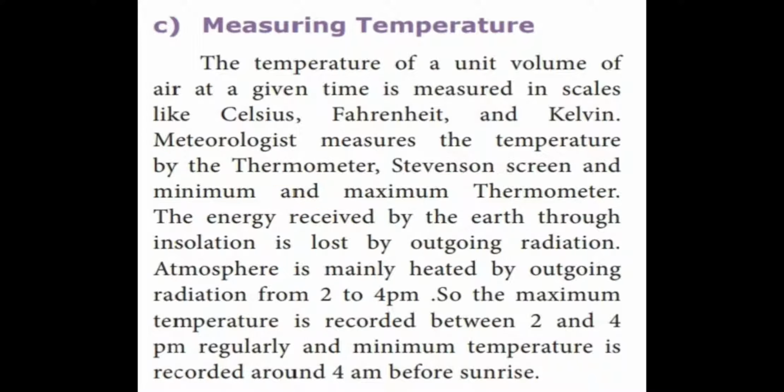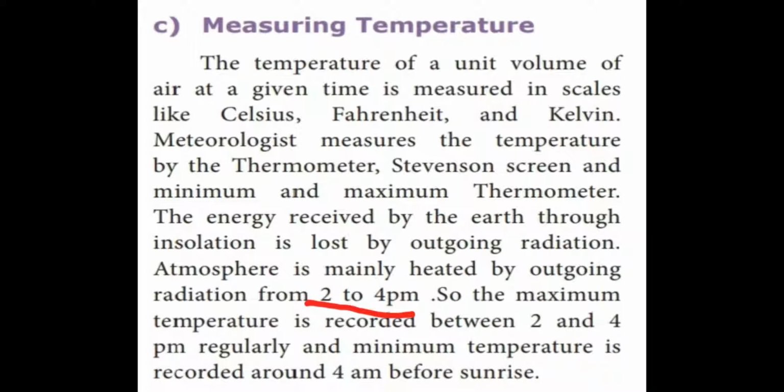The energy received by the earth through insolation is lost by outgoing radiation. So, the insolation, that is radiation from the sun received by the earth, is getting lost by outgoing radiation. Okay, the atmosphere is mainly heated by outgoing radiation from 2 to 4 p.m., mainly in the afternoon till the evening.